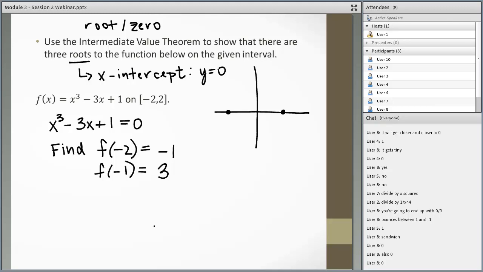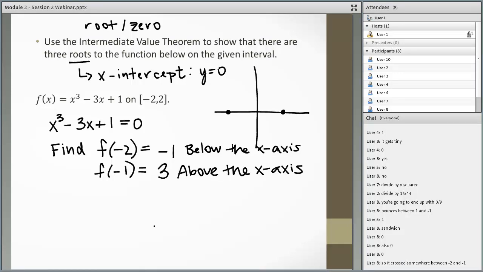So what does that mean? Can we make any conclusion about that? Basically what it means is at x equals -2, the function is below the x-axis, because it's a -1. But at x equals -1, we have a value of 3. And I know 3 is above the x-axis.